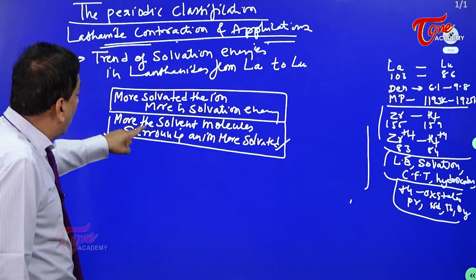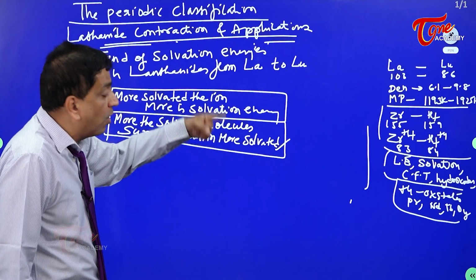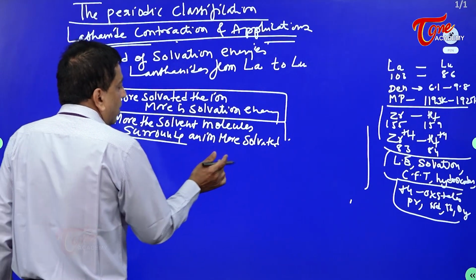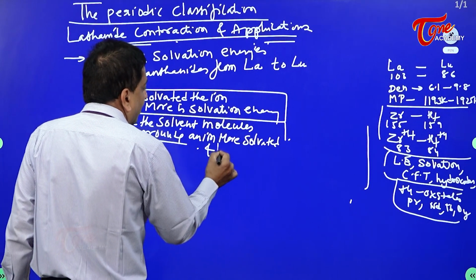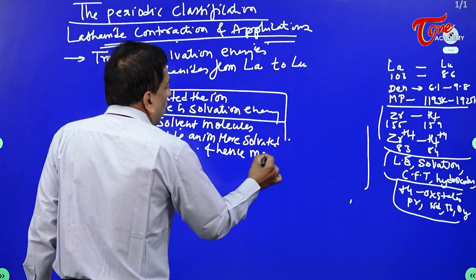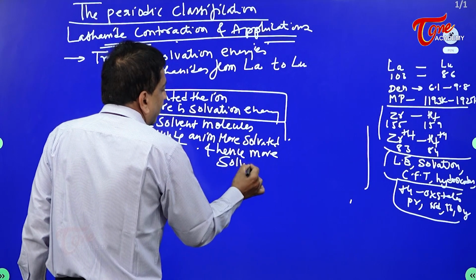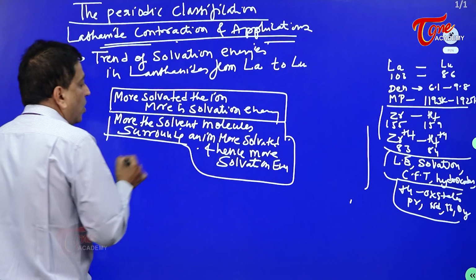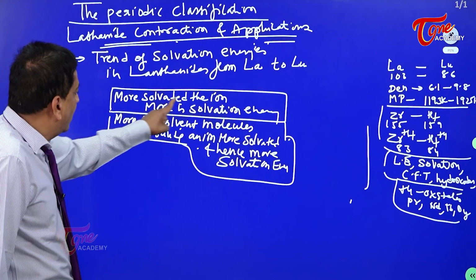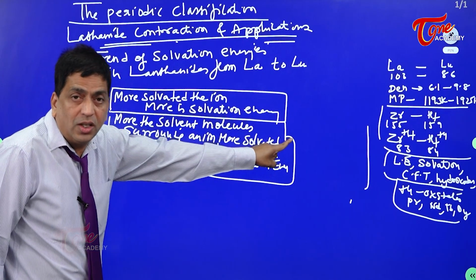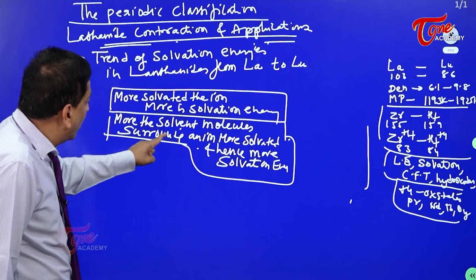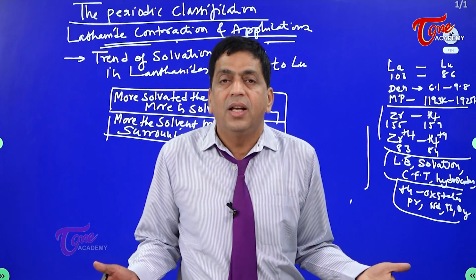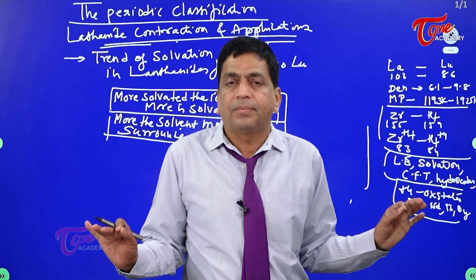Then the more the solvent molecules surrounding an ion, the more solvated it is, and hence more solvation energy. More solvation energy. So more solvated the ion, more is solvation energy. More the solvent molecules surround an ion, more solvated it is, and more what? Solvation energy.